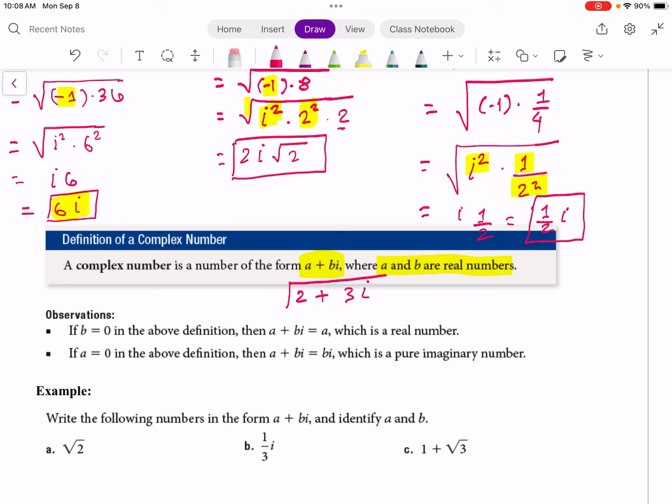In this number, 2 is a real number, and 3i is the imaginary number. This combined 2 plus 3i is called a complex number. A real number plus or minus an imaginary number makes a complex number.